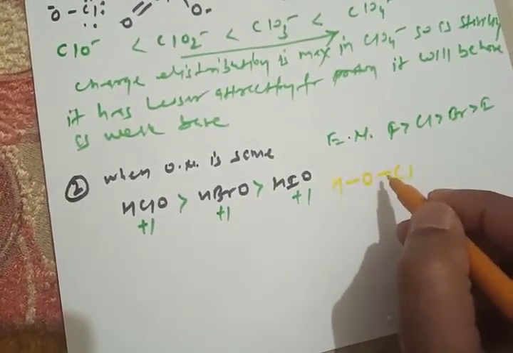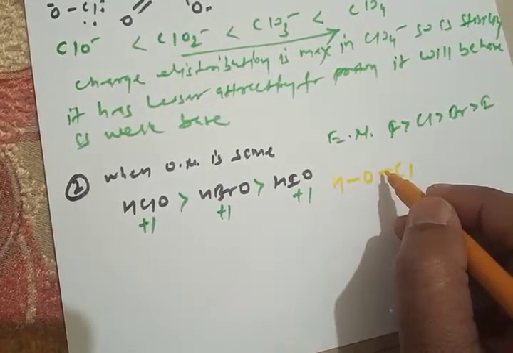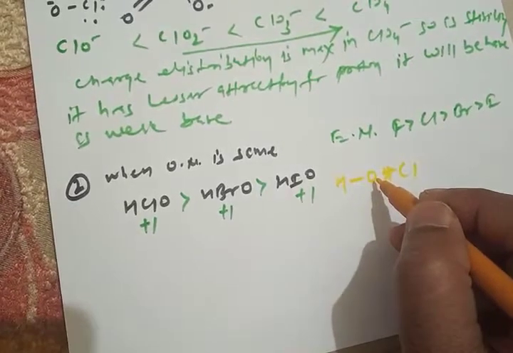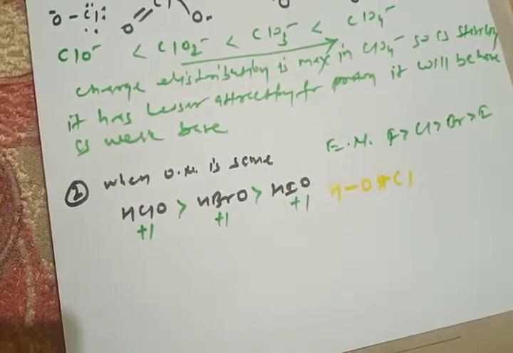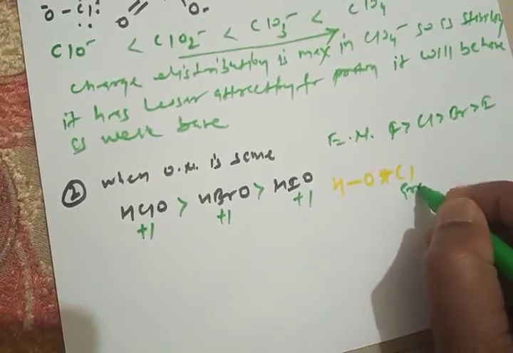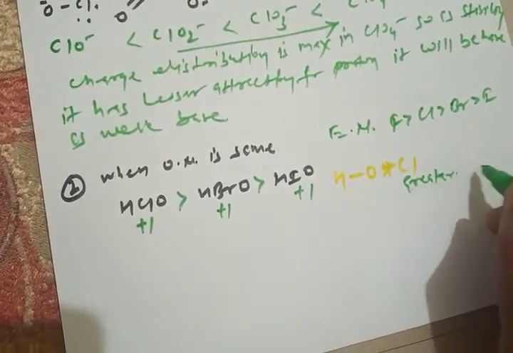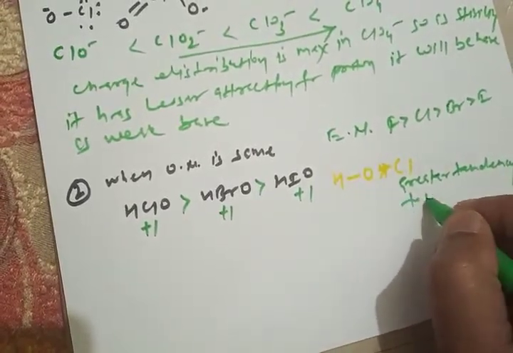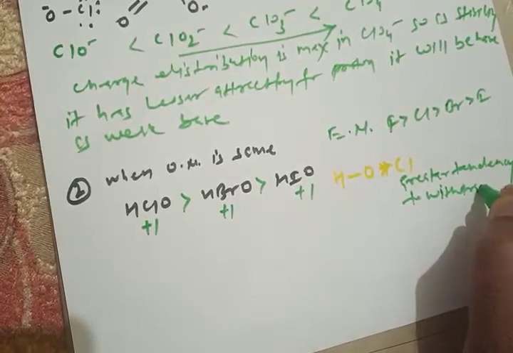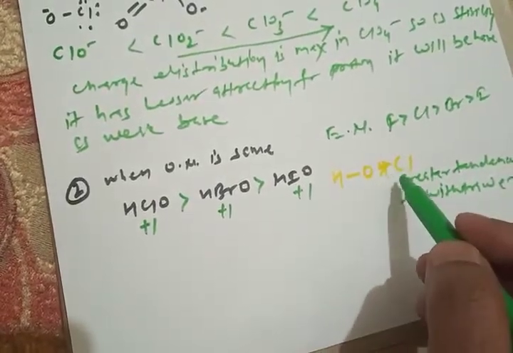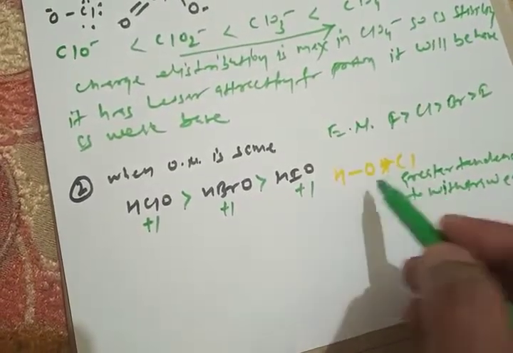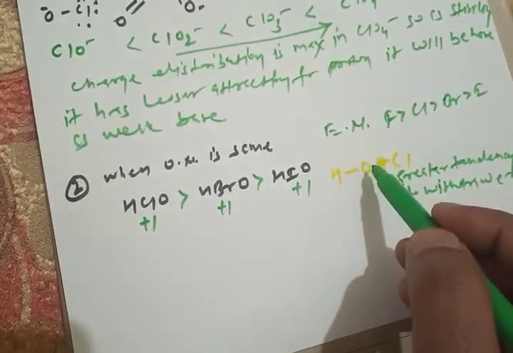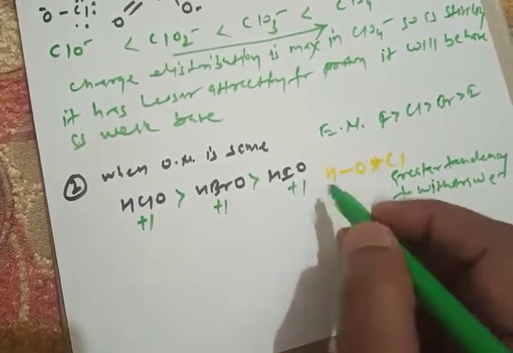In this case, this Cl is more electronegative. So what will happen? It will attract electrons from oxygen. That means it has a greater tendency to withdraw electrons, and if it has a greater tendency to withdraw electrons, the electron density here will be reduced, and the proton can easily donate.